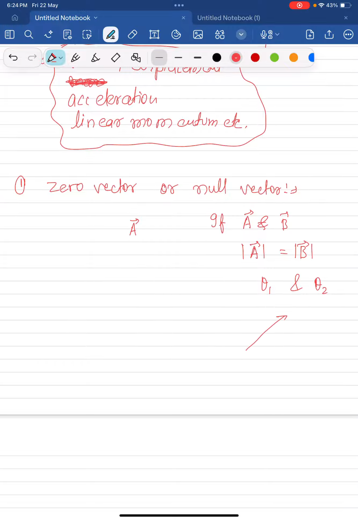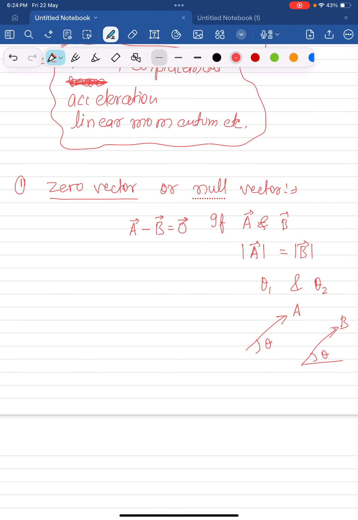Suppose this is vector A and this is vector B. Both vectors are the same. Now if we find A minus B, it will be a zero vector.